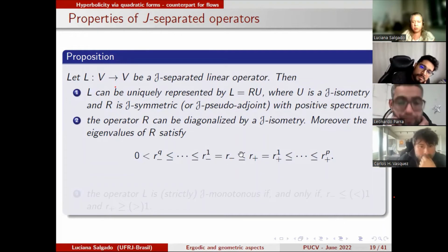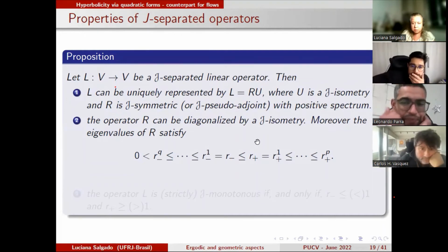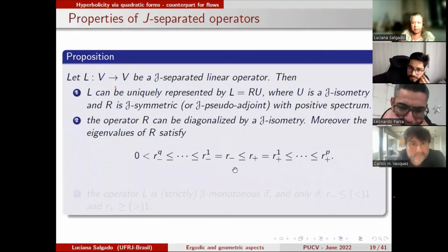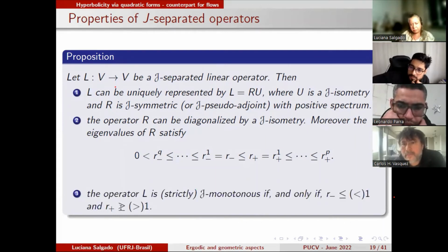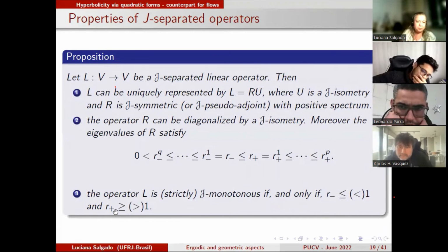Look at this middle relation, and if it is strict, R minus is strictly less than 1, and R plus is strictly greater than 1, so we can use it to prove uniform hyperbolicity. Okay. So the operator is strictly monotonous if and only if we have strictly R minus less than 1 and R plus greater than 1. Okay.